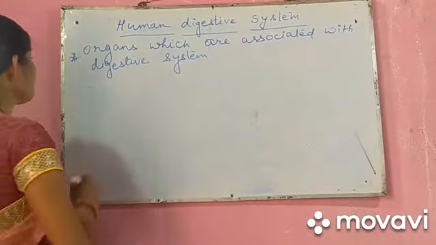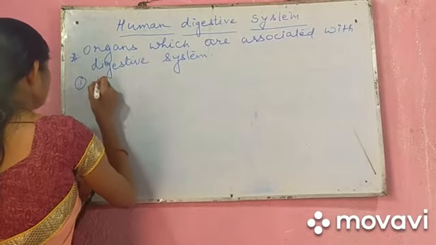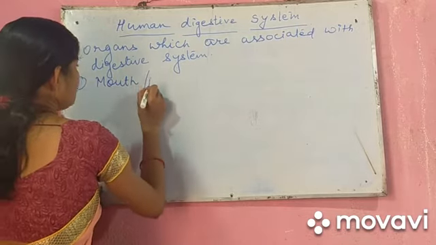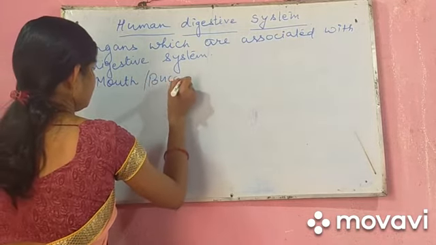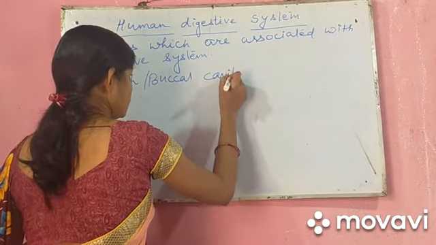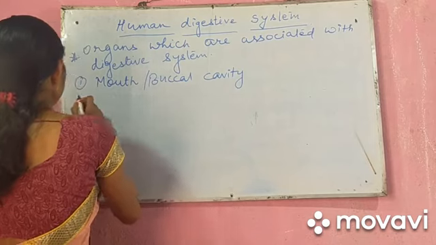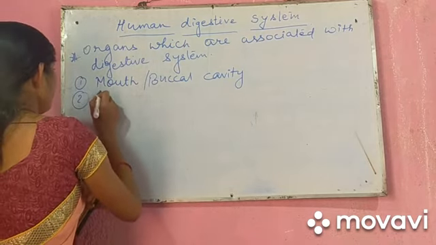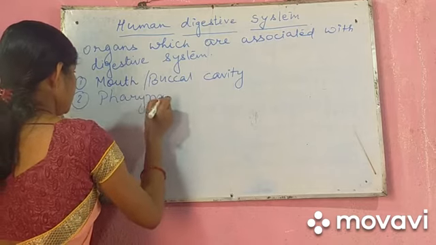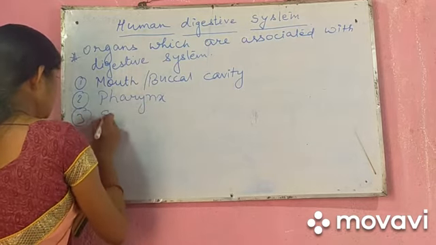Number one is the mouth. Mouth is also known as buccal cavity. The next one is pharynx. Epiglottis.